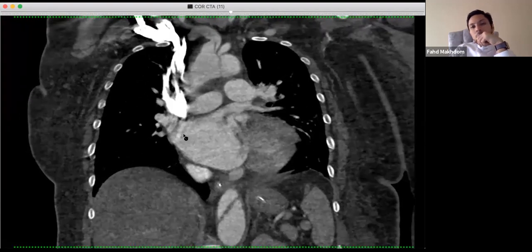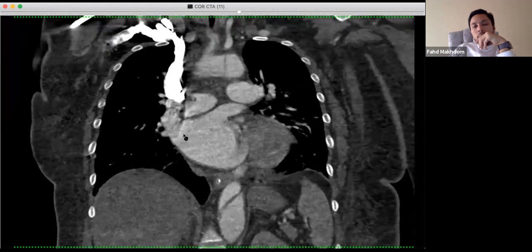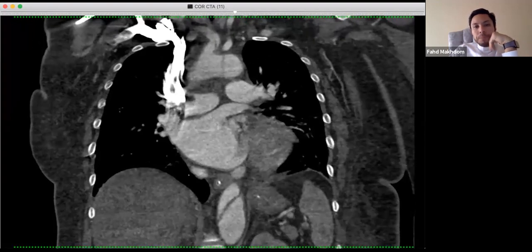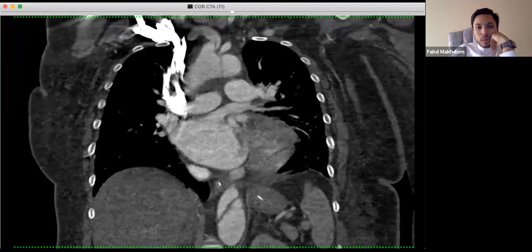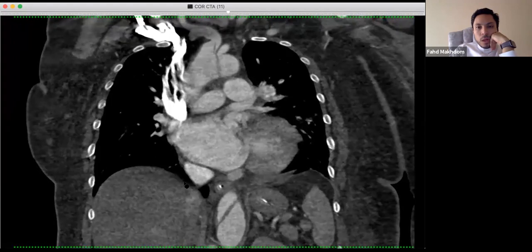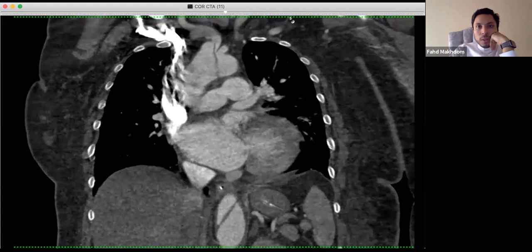Okay, so this patient, you're coming to the hospital to evaluate and probably take him to the OR. He developed a seizure.